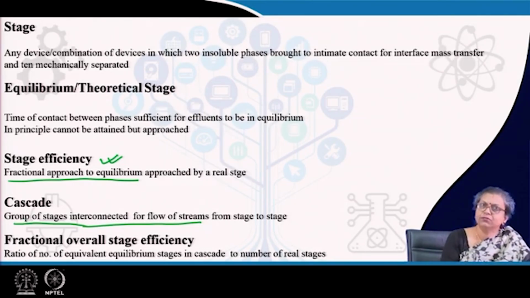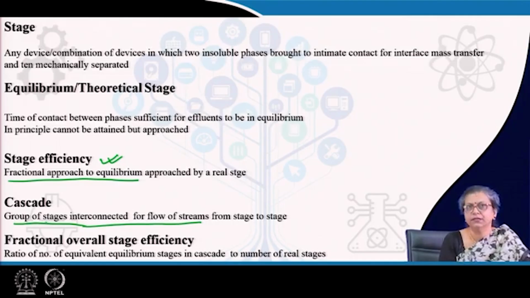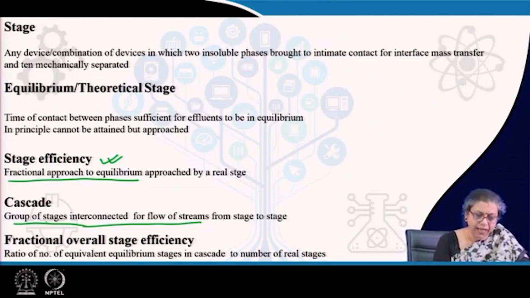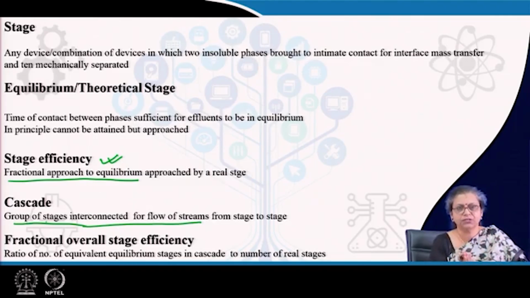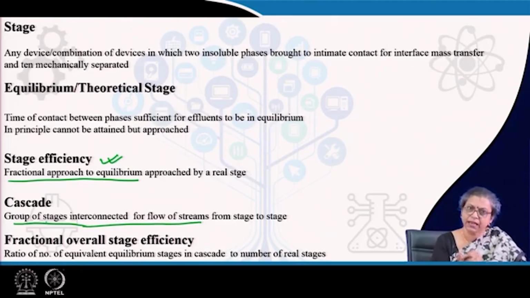For any particular separation we need to find out the number of stages required in the cascade. How do we go about it? We assume that all the stages in the cascade are ideal stages or equilibrium stages. That is, in each stage, when the two phases are contacted and then separated, the two phases that are separated are at equilibrium with each other. Again, you have to remember this never happens.